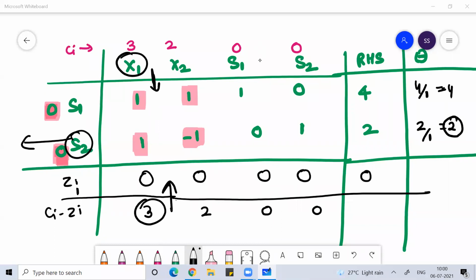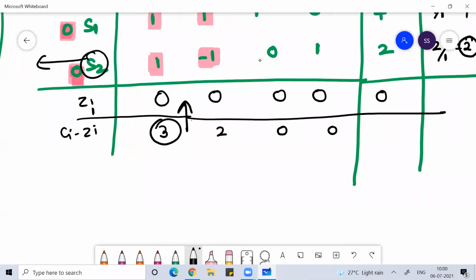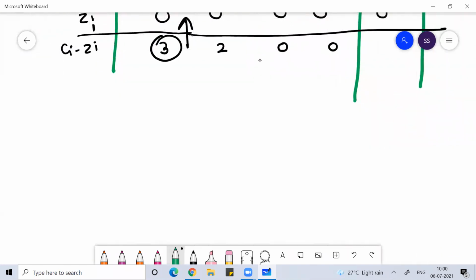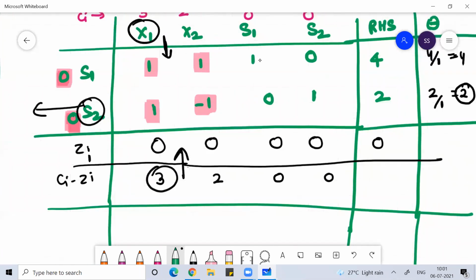Clear everyone? Anyone have any doubt? So out of all Ci minus Zi, the maximum one belongs to x1, so x1 is going to enter into the solution and it will replace s2.